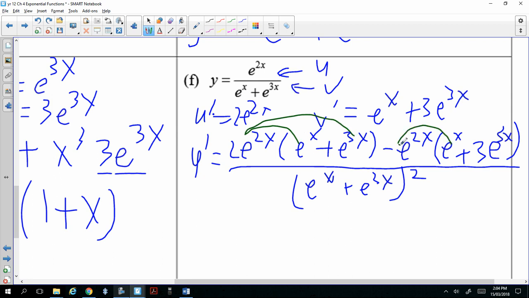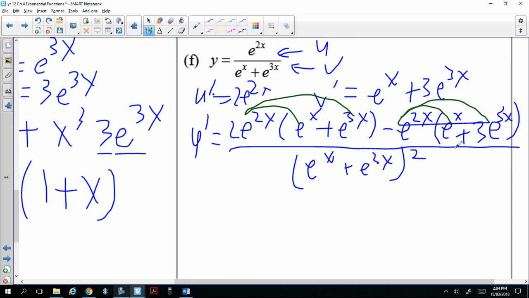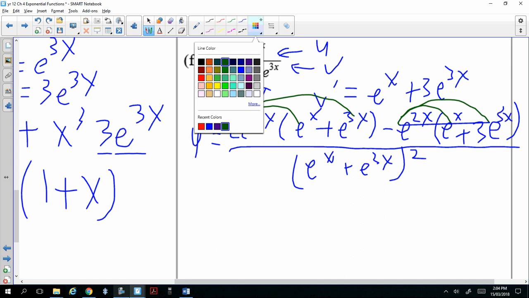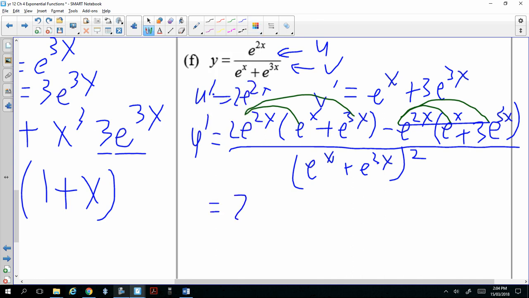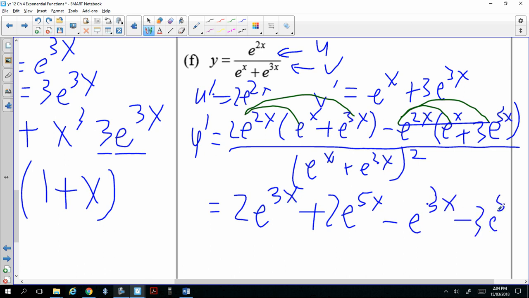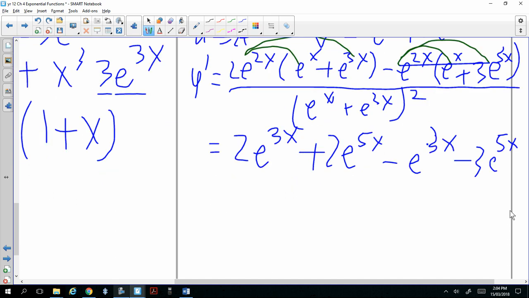Make sure you use your index law. So the first one will be 2 e to the power 3x, because 2x plus x is 3x, plus 2 e to the power 5x, 2x plus 3x is 5x, minus e to the power 3x, and then minus 3 e to the power 5x, all over the square of the denominator, which you do not need to expand. Just keep it like this.